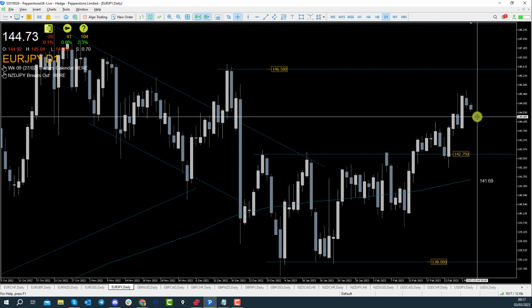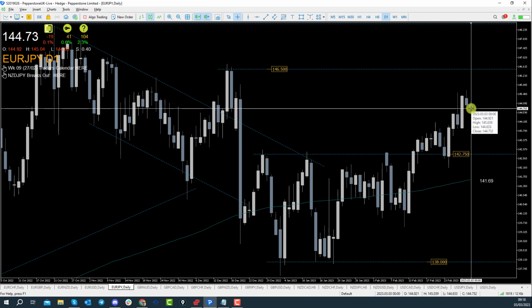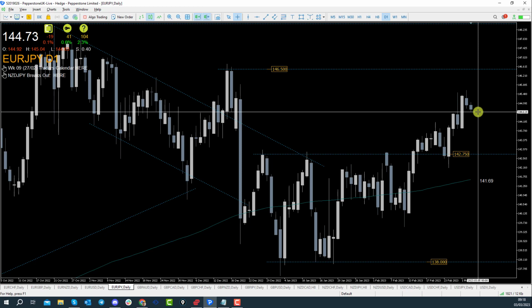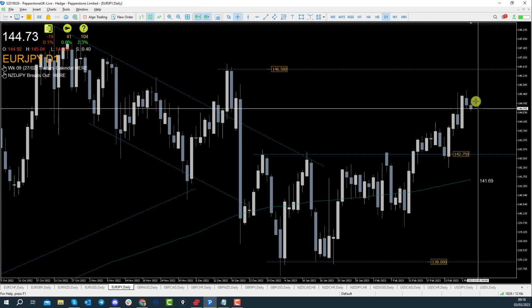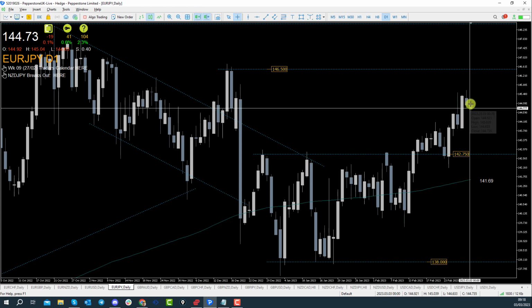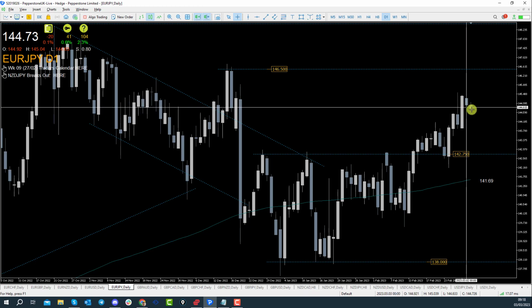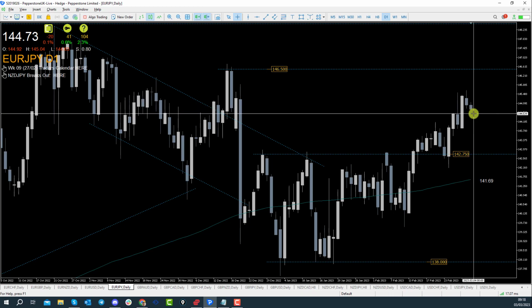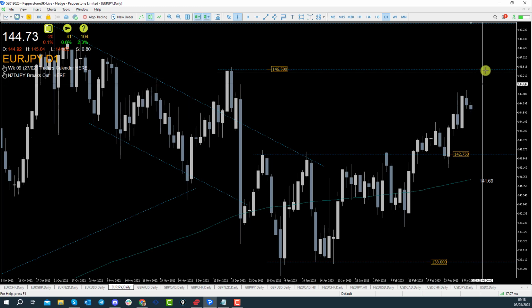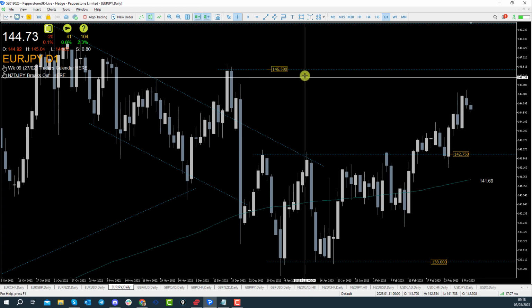Now, when that's the case, we can either start looking at our lower time frames for support and resistance levels, or we need to sit and wait to see buyers step back in, because if buyers aren't around at this area at the moment, then it's going to be difficult for us to get a position in up to the 146.50.